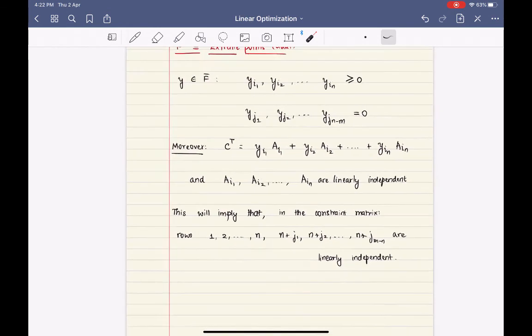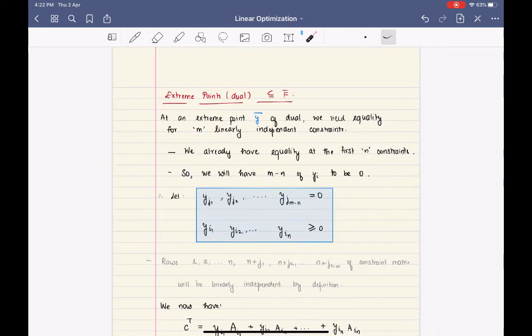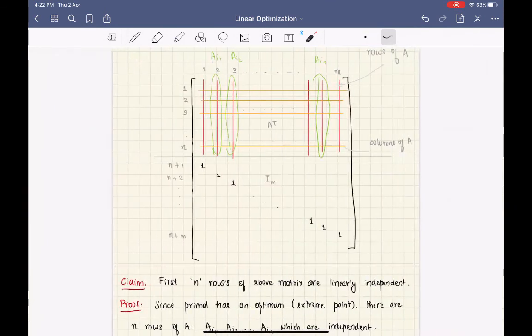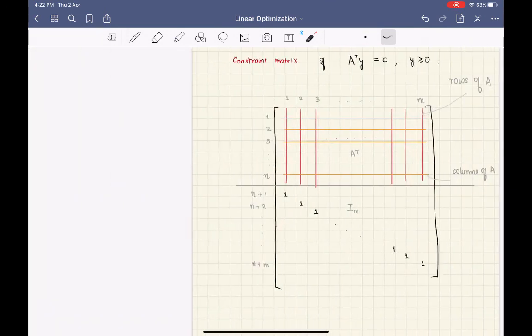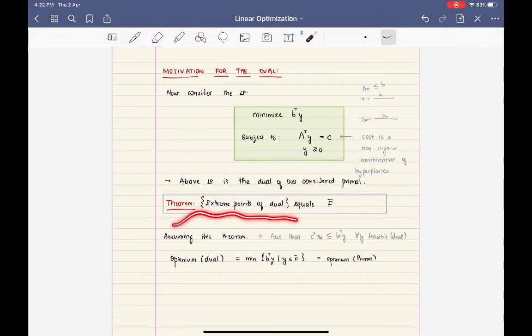Okay, so this way we have shown both directions, and this gives us this theorem: the extreme points of the dual equals f bar. Okay, and from here we got the duality theorem.